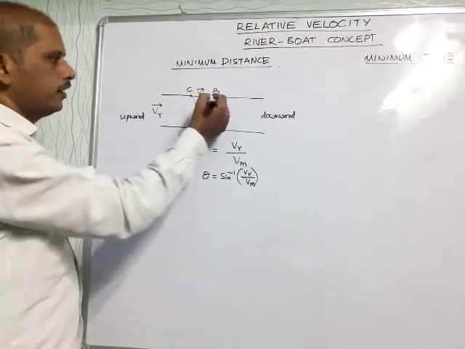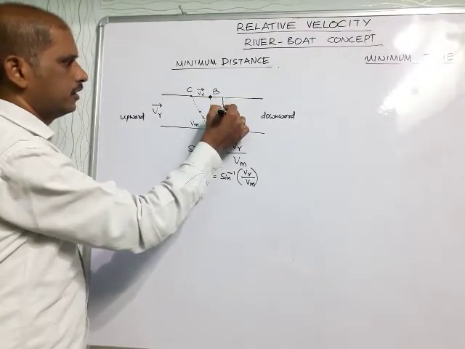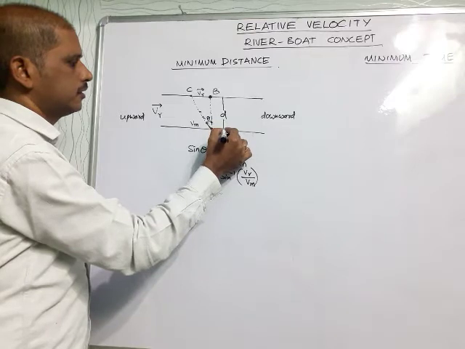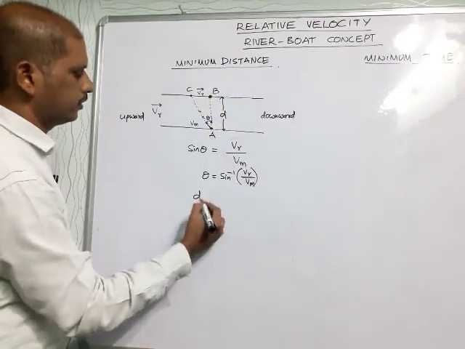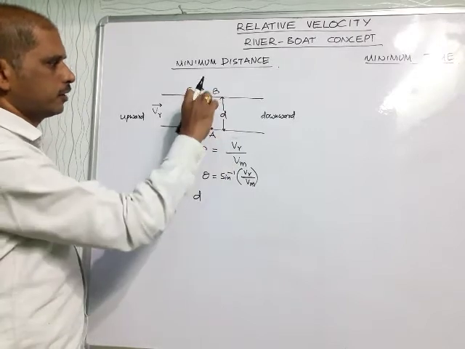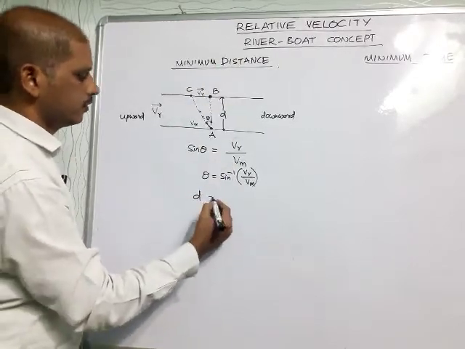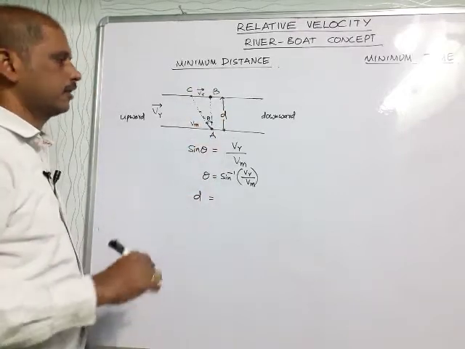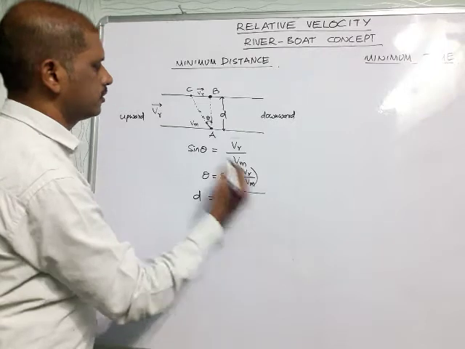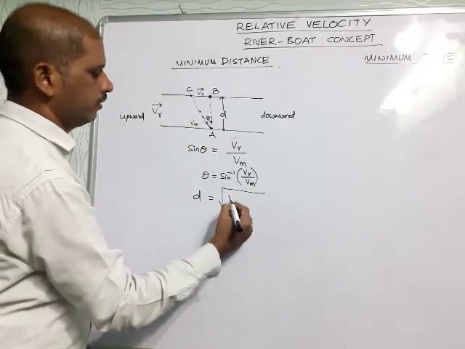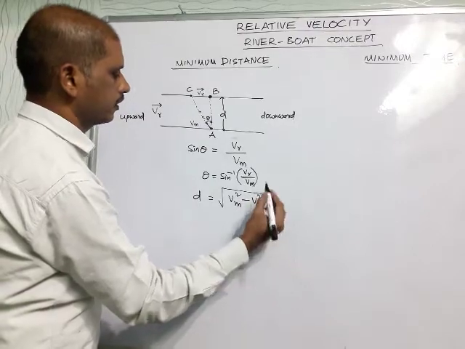Now if you want to find out the distance, let it be d. This distance, or width of the river, is nothing but the perpendicular distance or minimum distance. By applying Pythagoras theorem, you can write the distance as square root of Vm square minus Vr square, since Vm is the hypotenuse.